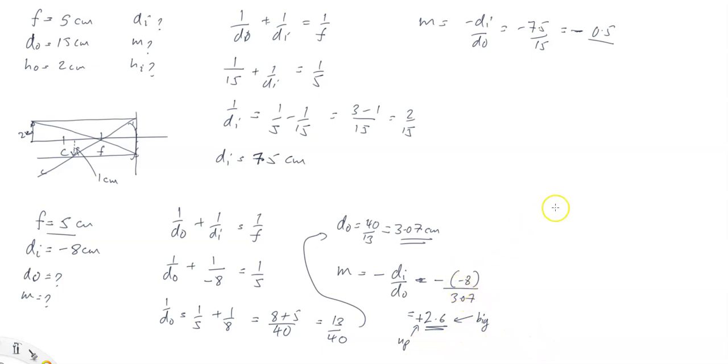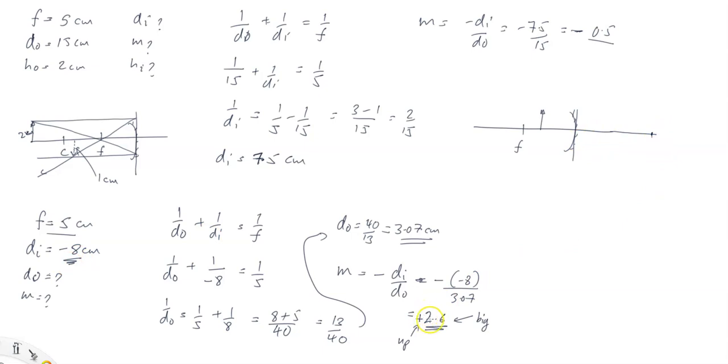So how do we draw the image? What do we have here? F is 5, the object is inside. It's going to make an image. 8 centimeters negative means behind, right? This di negative means it's behind. It's going to be over here.